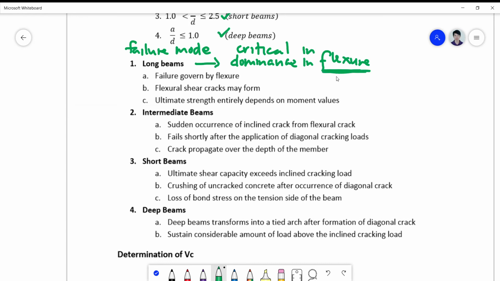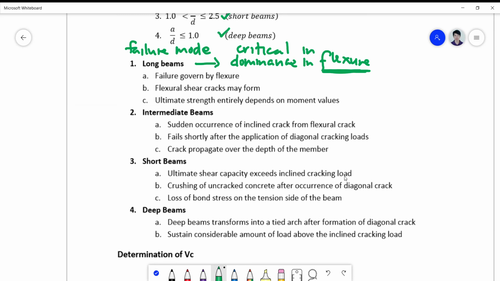For intermediate beams, I'd like to skip this. Let's go to the short beams first and then try to understand what is intermediate. So for short beams, ultimate shear capacity exceeds the inclined cracking load.